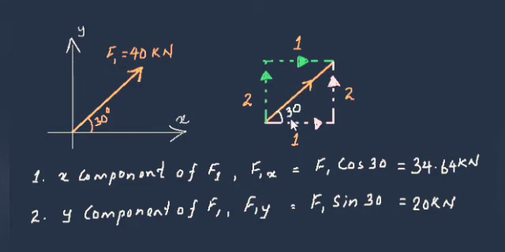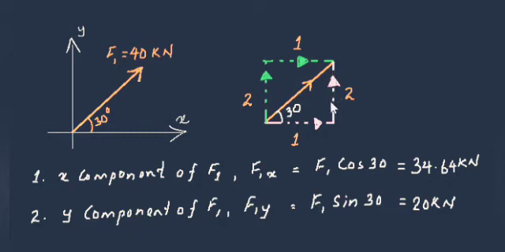The condition is you need to create the base and perpendicular of a triangle, or you need to create a right triangle. Then you can resolve the force into two components. One will be parallel to the x-axis and the other parallel to the y-axis.